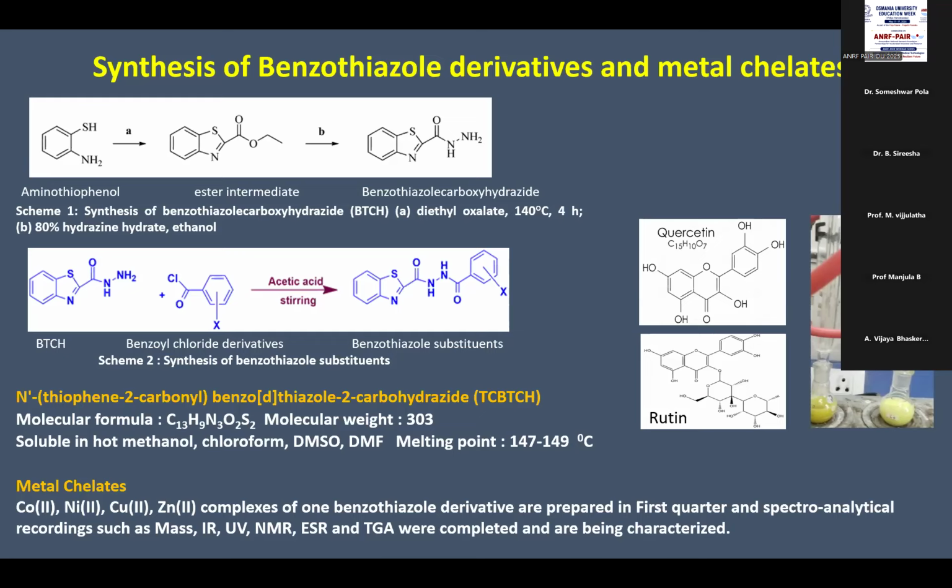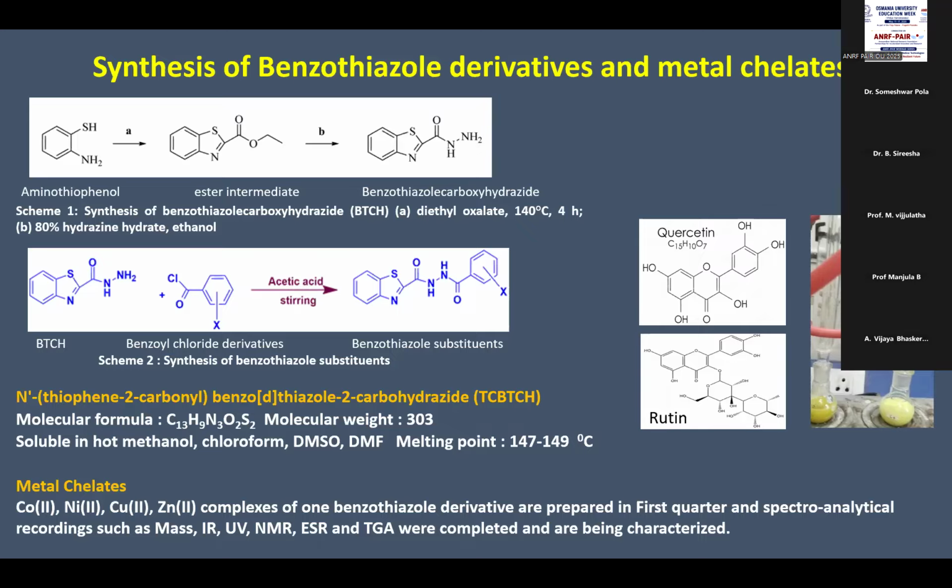Rutin is a flavonol glycoside, and it acts as a potential antioxidant, neuroprotective and anti-inflammatory agent found in buckwheat, citrus, and various plants. Quercetin is a prominent polyphenolic flavonoid antioxidant found in fruits and vegetables.